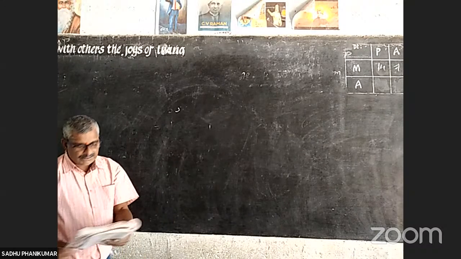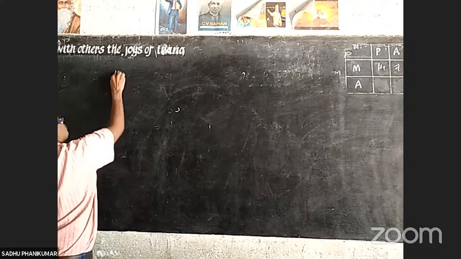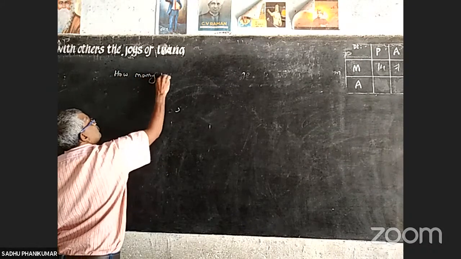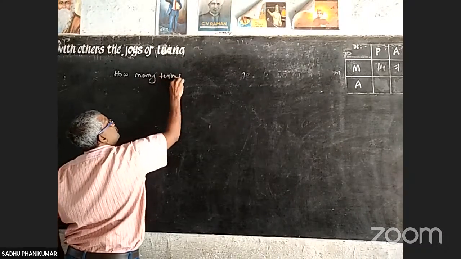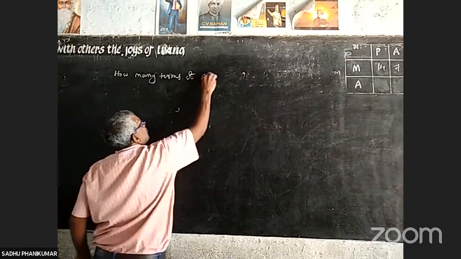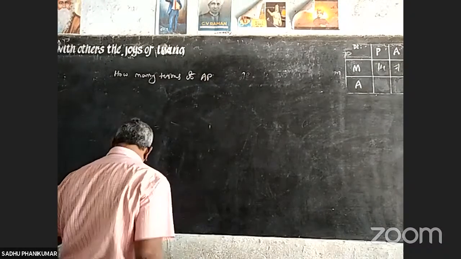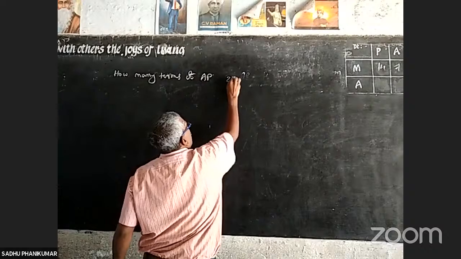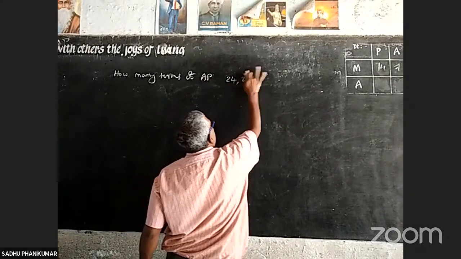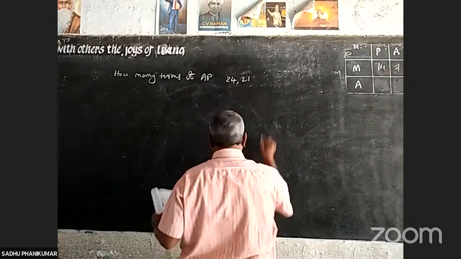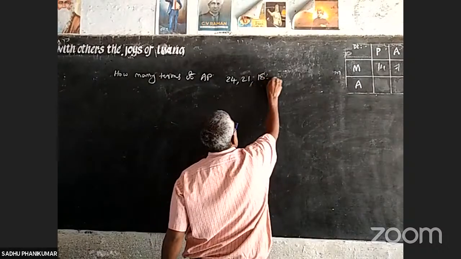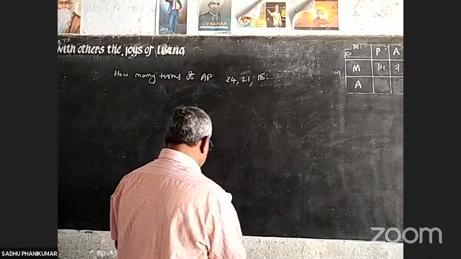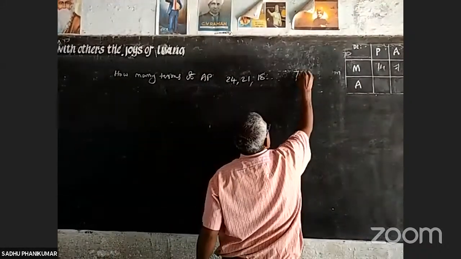How many terms of the AP 24, 21, 18, and so on must be taken to make the sum 78?